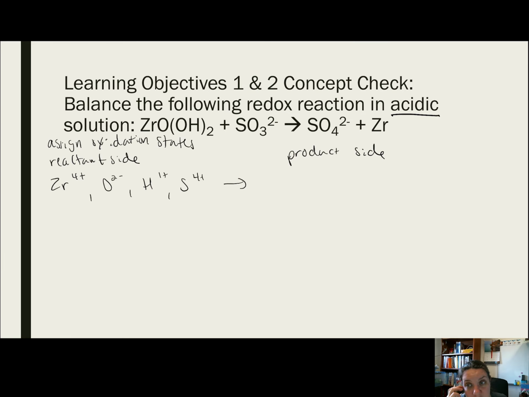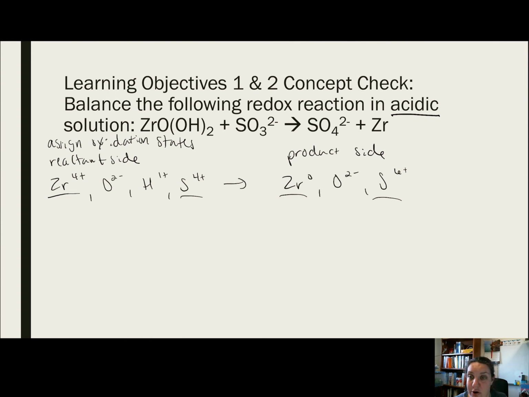On our product side, we have zirconium 0, oxygen 2-, sulfur 6+, and we have no hydrogen. So we can see zirconium is changing and our sulfur is changing. Our zirconium is becoming more negative, our sulfur is becoming more positive. So zirconium is being reduced, sulfur is being oxidized.